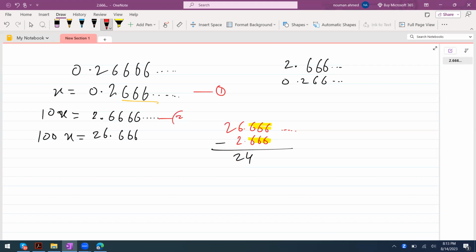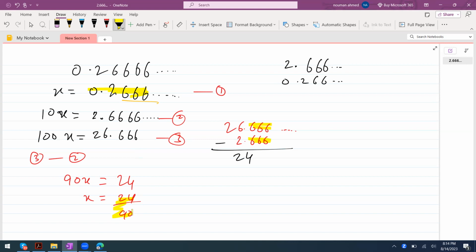If we call this number 2, this number 3, let's do 3 minus 2, which means 100x minus 10x on the left side. 100x minus 10x is 90x, and 26.666 minus 2.666 is 24. So x equals 24 over 90. At the top, x was 0.2666. Now x is 24 over 90. So in fraction form, that repeating decimal is 24 over 90.